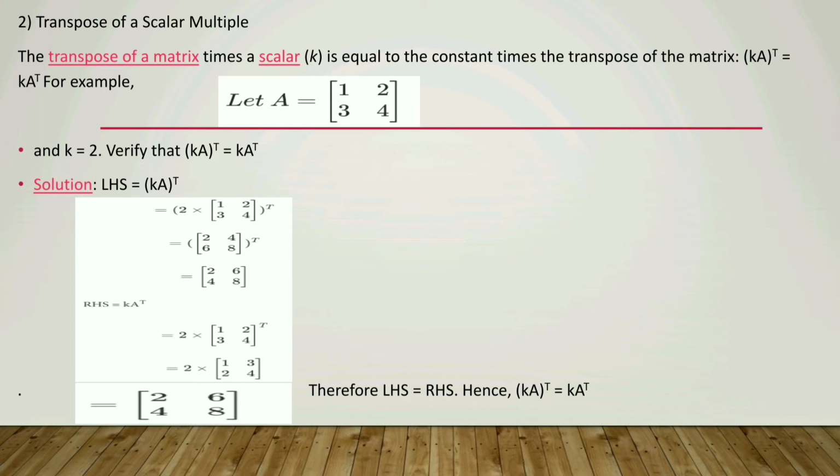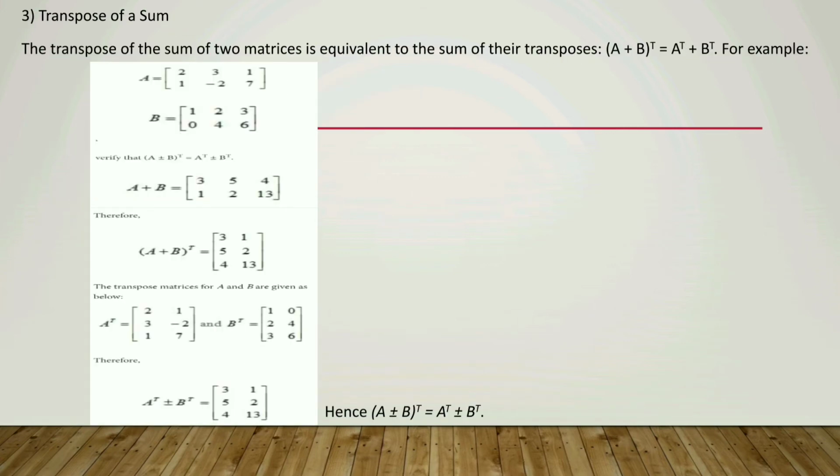Now take RHS equal to k into A transpose, which is equal to 2 into [1, 3; 2, 4], and you get the matrix [2, 6; 4, 8]. Hence proved.